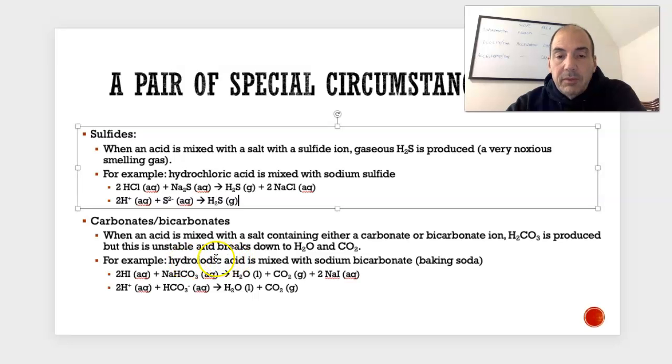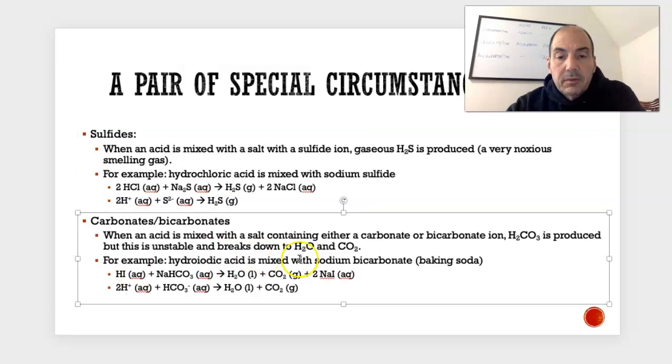So for example, if I take hydriodic acid and mix it with baking soda, sodium bicarbonate, what I would get is... that doesn't seem right. Yeah, that's not balanced, right? Yeah, I like that better. Okay, anyway, I digress.